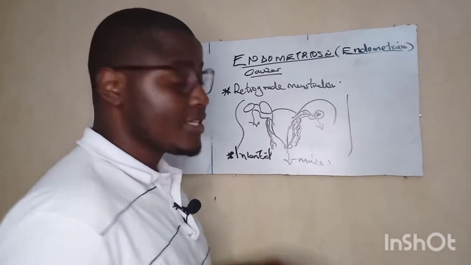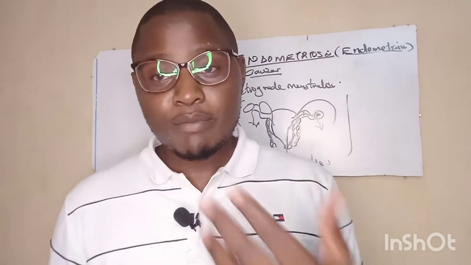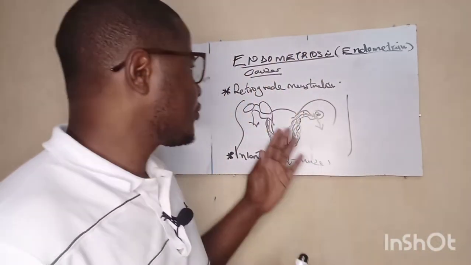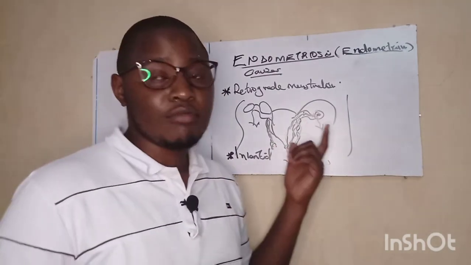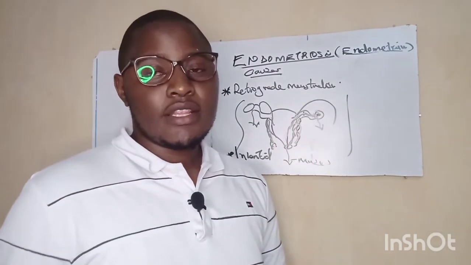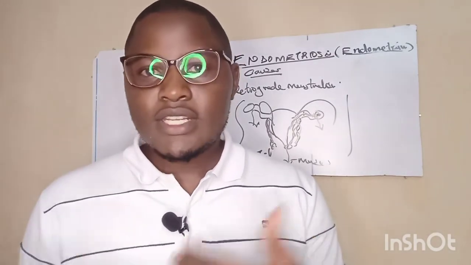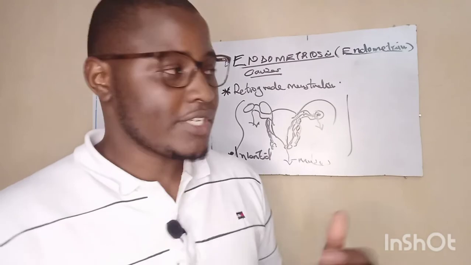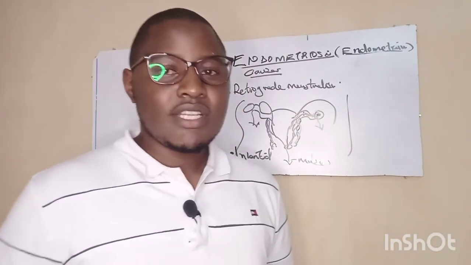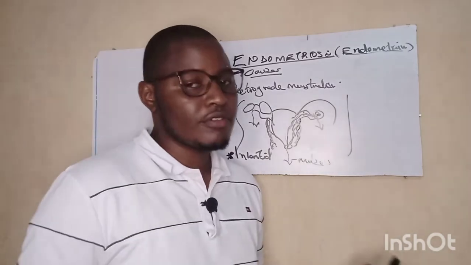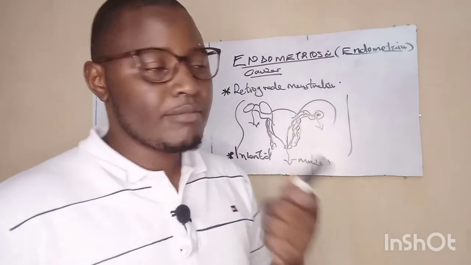If your mother, sister or immediate relative has ever suffered from endometriosis, you are also likely to suffer from it, and it continues to worsen with the generations. But the cause believed to be the main one is retrograde menstruation.